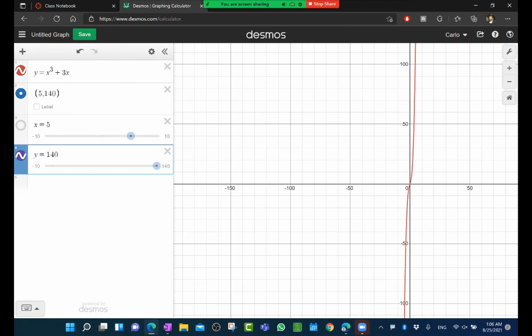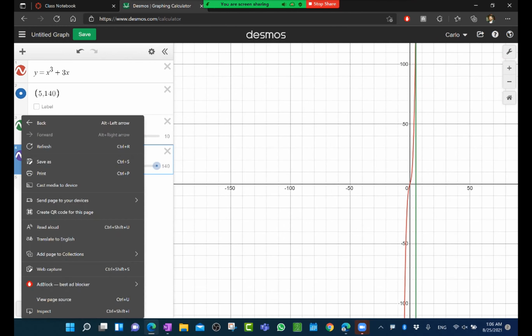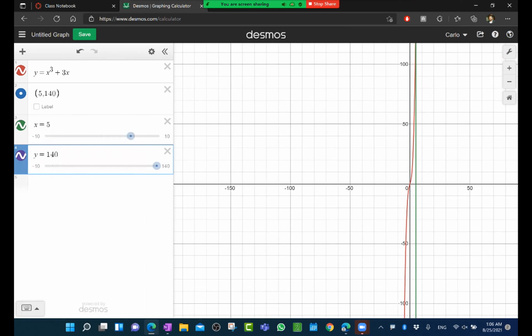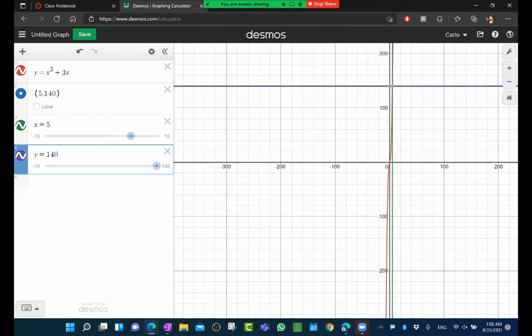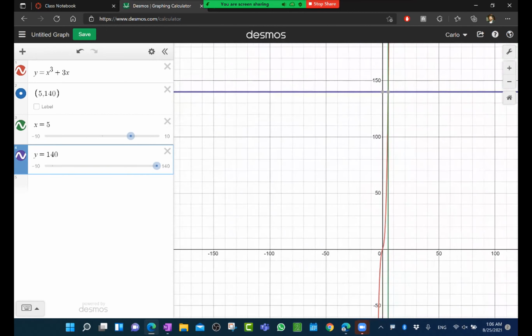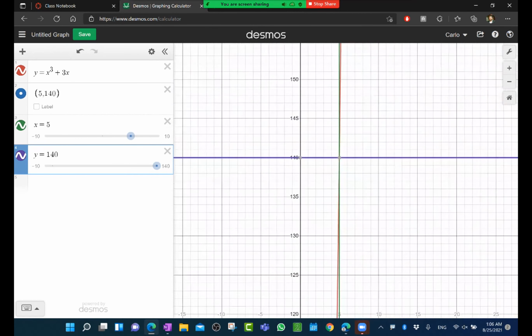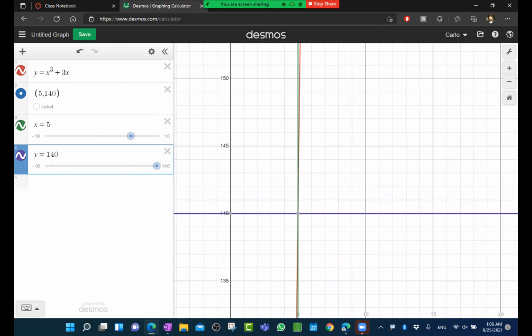And I think I can make these lines dotted, but I can't remember how. Figure that out later. But yeah, if we go here, we see that, let me turn off the points and everything.